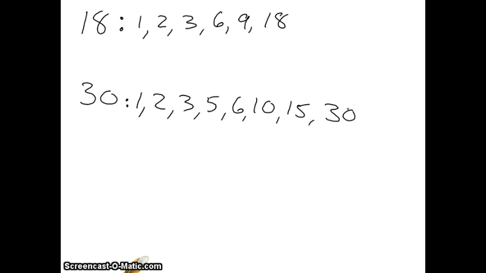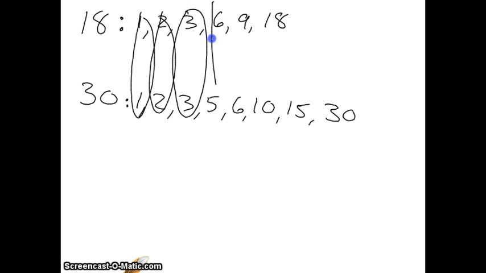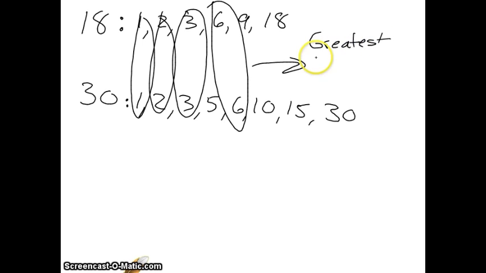And you look at them and say, okay, I see that 1 is the same, 2 is the same, 3 is the same, 6 is the same, and none of the others are the same. So I know that 6 is the greatest common factor.